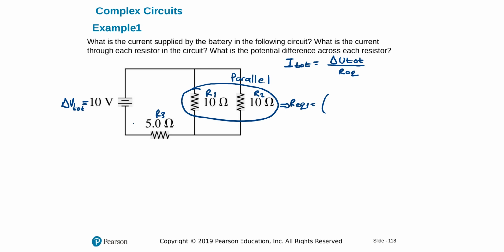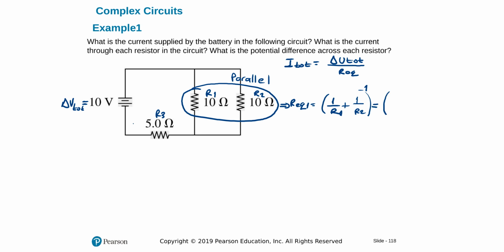Okay, so R equivalent 1 is 1 over R1 plus 1 over R2, to the power of minus 1. I'm going to add their equal resistors.